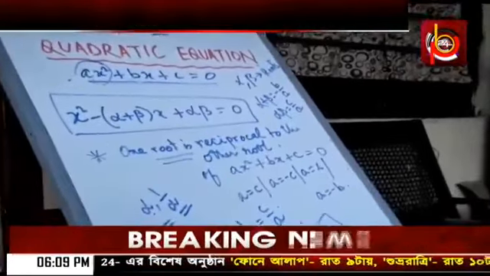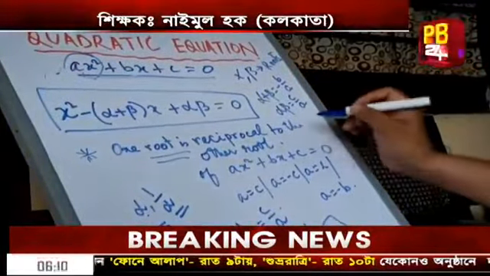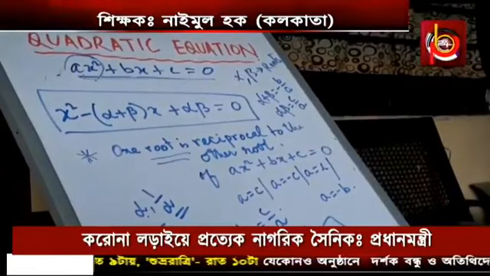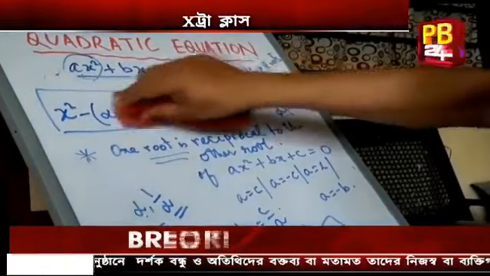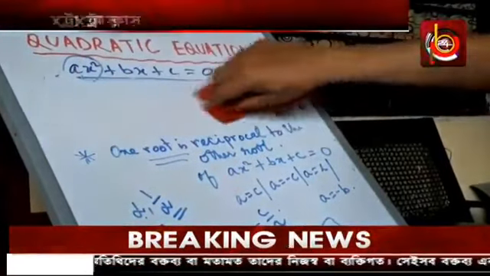Now it is told that one root is reciprocal and opposite in sign, so we are just changing this. What is the problem?